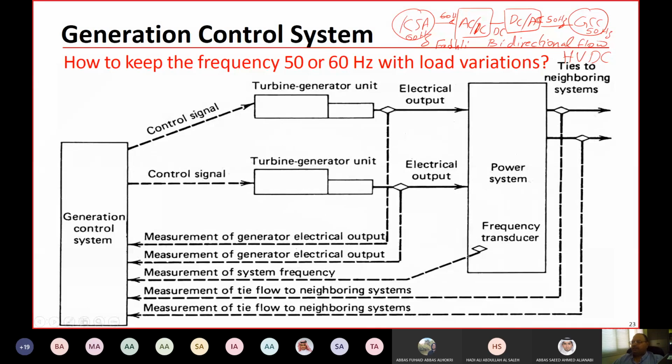How to do this? This is the way. You measure the generator outputs, you measure the system frequency, and you measure the inter-tie line flows, if your system is connected to neighboring utilities. For example, we have tie lines between Riyadh and Medina, and between Riyadh and Dammam.